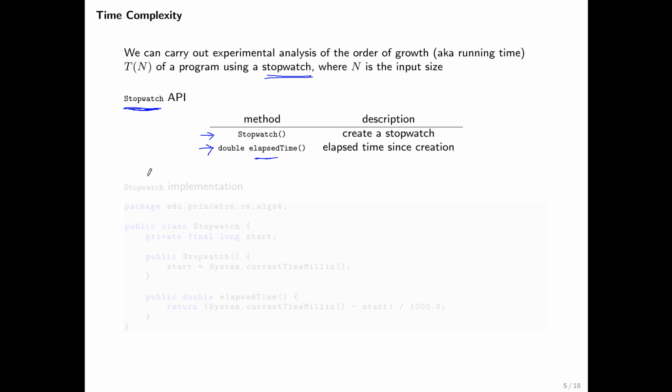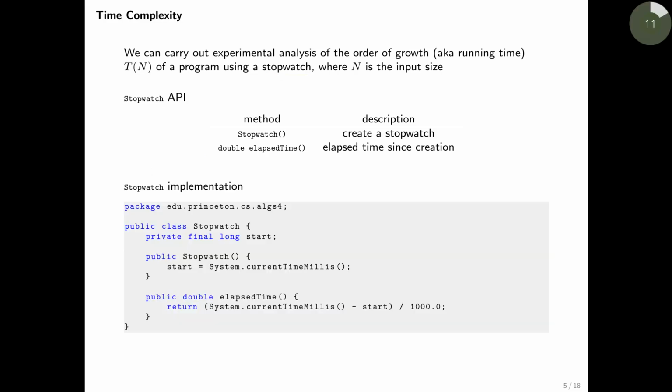All right, so let's first discuss the implementation of the stopwatch data type. It's extremely straightforward. So it's called stopwatch. It has a single instance variable called start of type primitive long, and it is final, which means that start can take on a value only in the constructor, and then that value can never change.